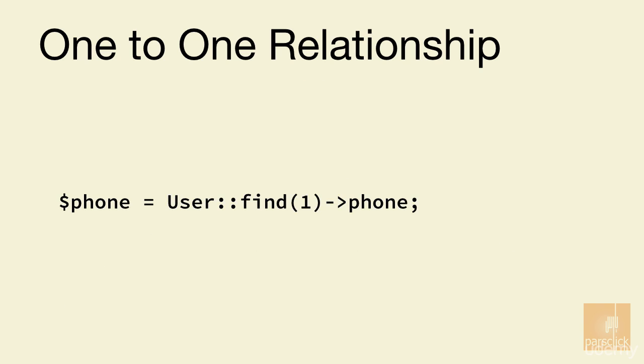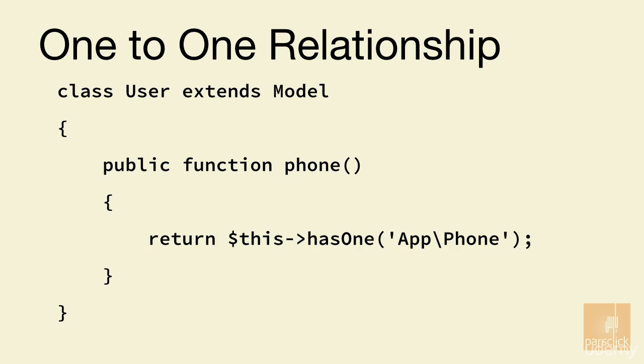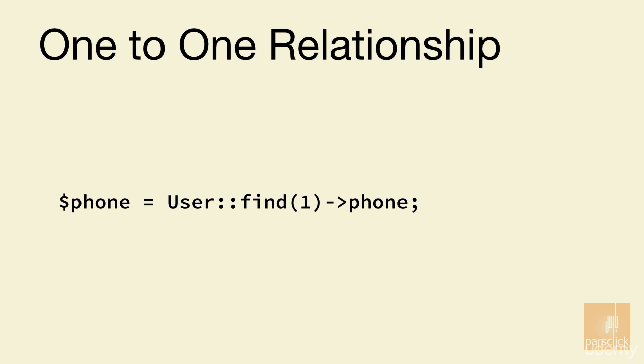But the reason why we have this phone method, let's go back to this slide again. You might ask, can't we just put the return this hasOne inside the model? Yes, you can. But the reason we put it inside the function called phone is because we want to use it like this. So in this example, you can see that I'm getting the user's details by using the find method.